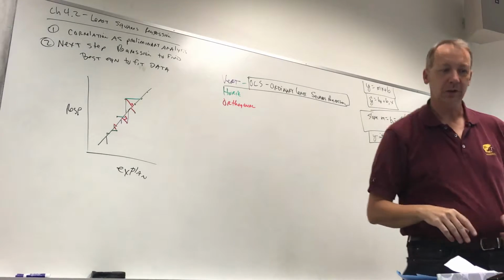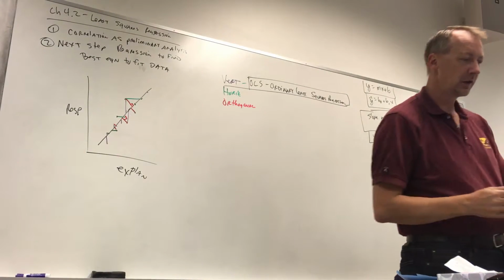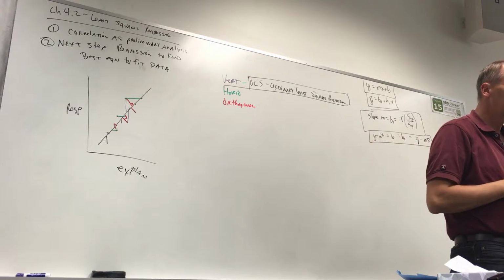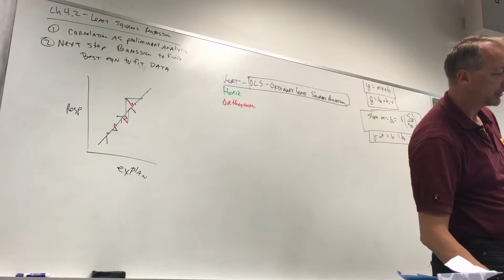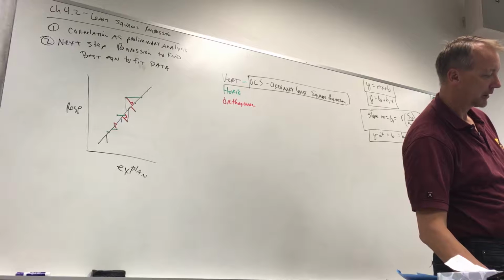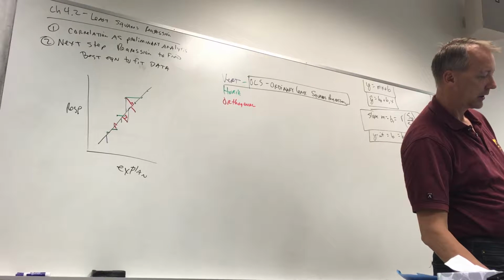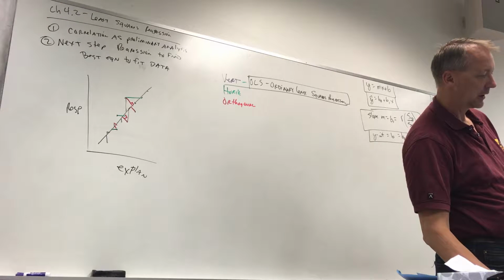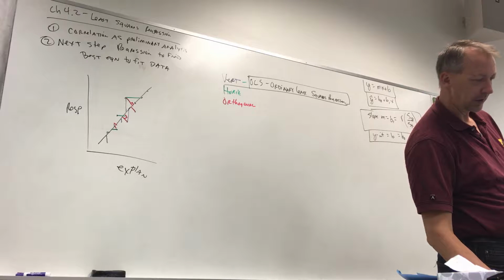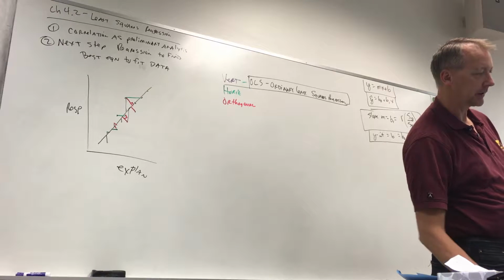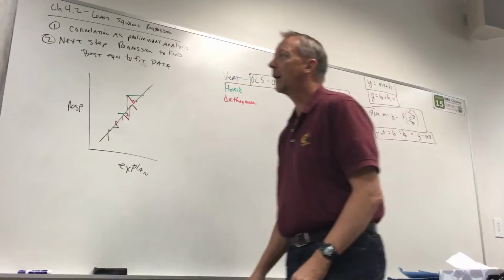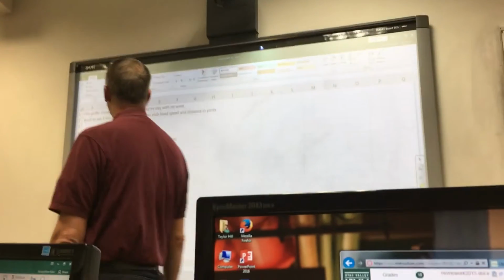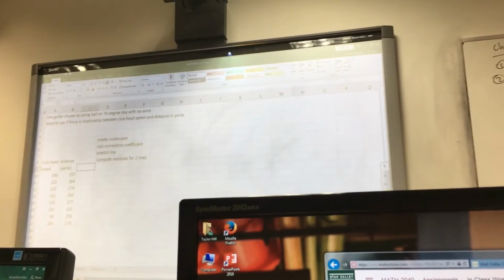If you open up Canvas, go to your in-class worksheets, pull up worksheet 4.1. All right, and so we're going to use this data set. A golfer is chosen to swing a ball on a 70-degree day with no wind.